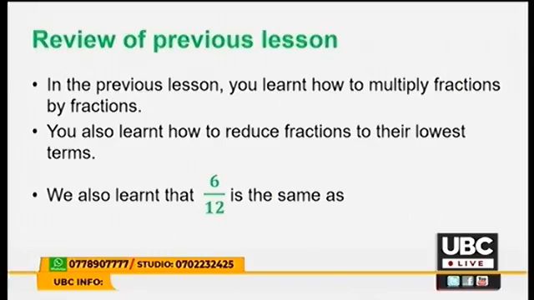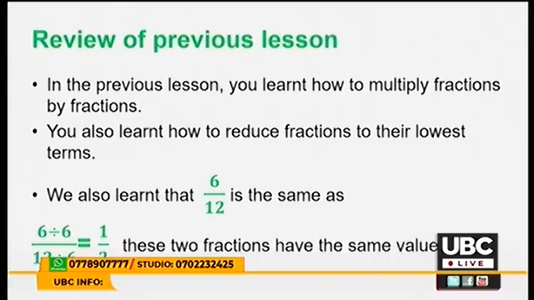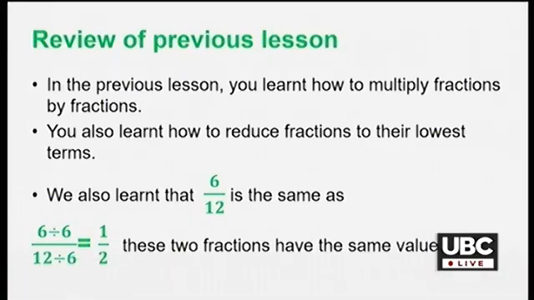We also learned that 6/12 or 6 out of 12 is the same as 6 divided by 6, which gives 1 as the numerator, and 12 divided by 6, which gives 2, and which is now a half. These two fractions, 6 out of 12 and 1 out of 2, have the same value.